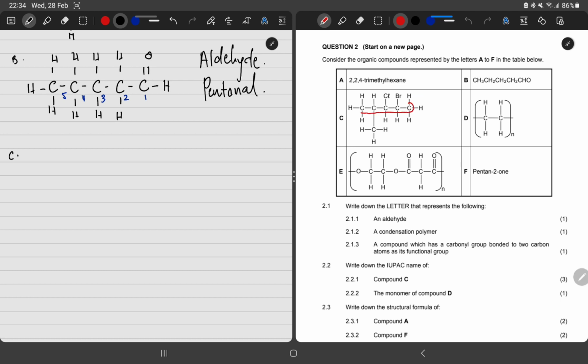Then I need to number my carbon atoms, 1, 2, 3, 4, 5, or from the other side.